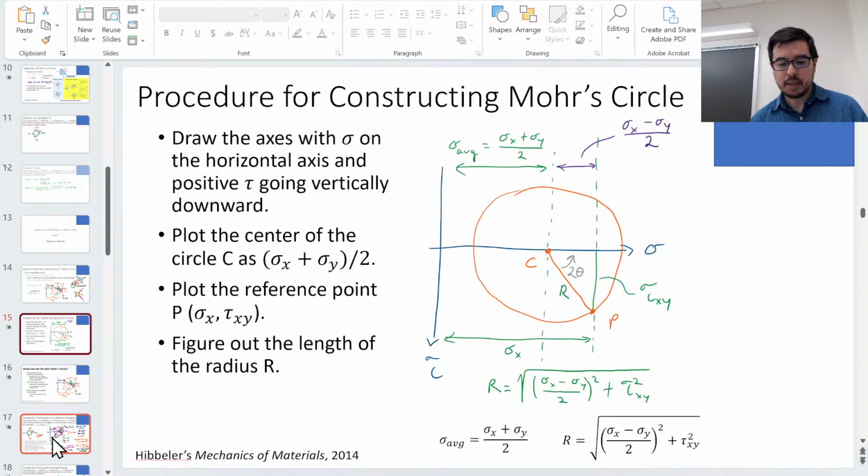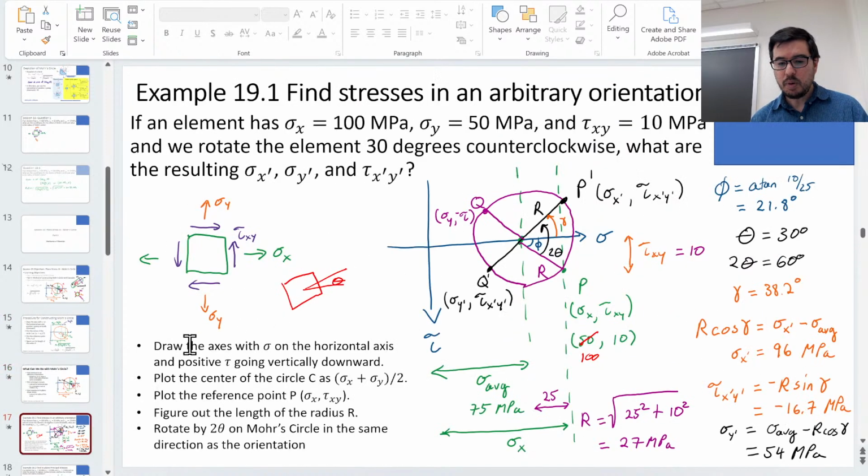But if you want, this is a pretty good slide. It's a little bit into the session in terms of how you can go about making a Mohr circle. So we're going to draw the axes, the sigma and the tau, okay?